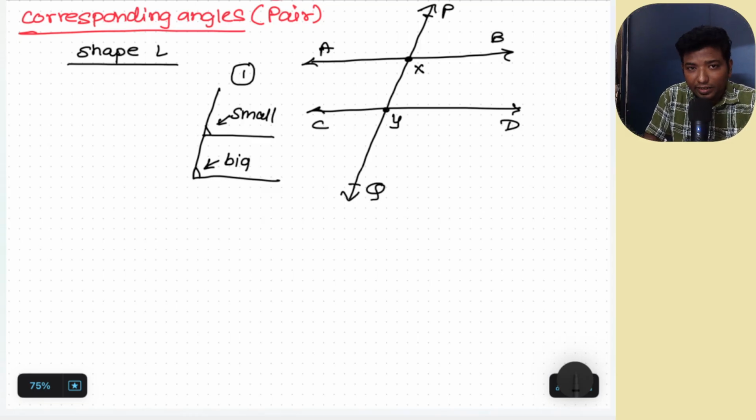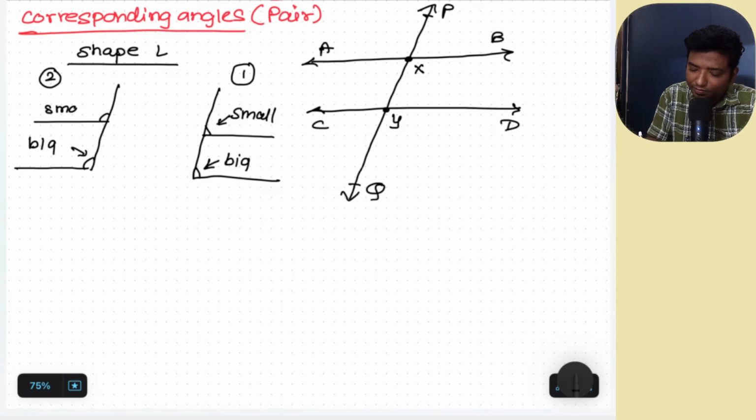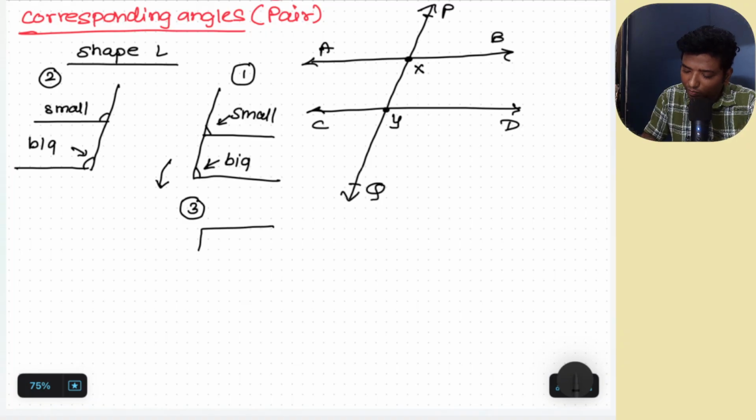Now this is the first type. Now we will mirror it, and after mirroring you get something like this. This is the second shape. Again there is a big L, and within it a small L. Now there is a third shape: I reverse the first shape vertically, I flip it, and you get this.